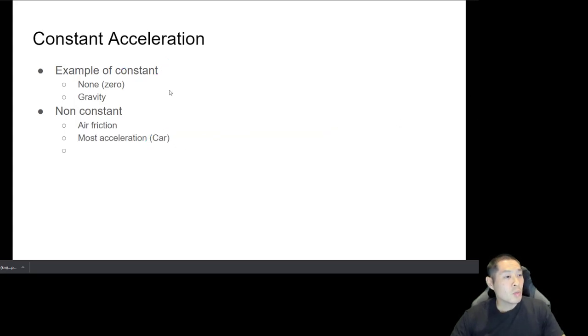Okay, so this is kind of where I was leading. Constant velocity, we can have an example which is 0. So 0 means we don't have any acceleration, and it also means it's constant. That's when you have a balance of all forces. Technically, when you're in outer space, far enough from every planet or star, there is no acceleration. But that's a very, very rare situation where you're in the middle of absolutely nowhere.